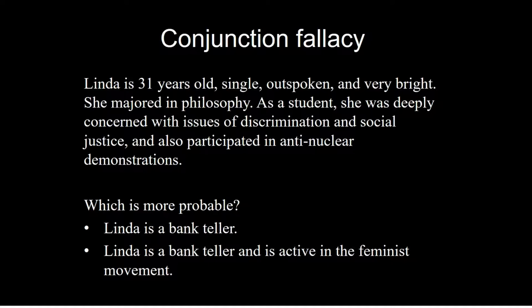Of all bank tellers, some of them are active in the feminist movement, some of them aren't, and so it's strictly more likely that you could be part of the bigger set than the smaller set. But again, a lot of people will say this, and it makes sense in some intuitive way, just not if you think carefully about it.